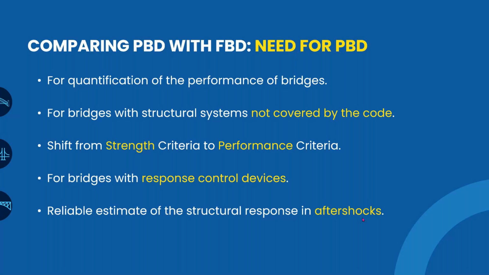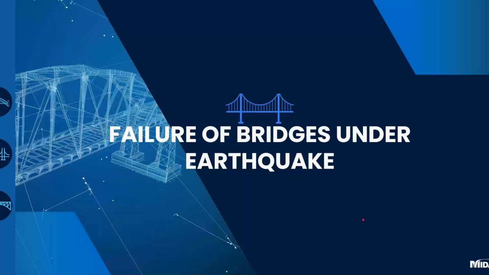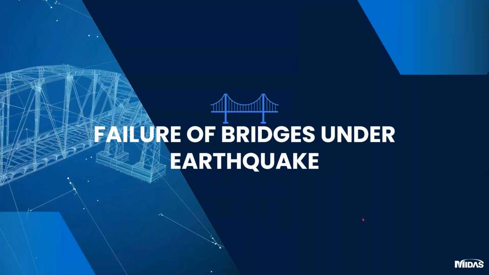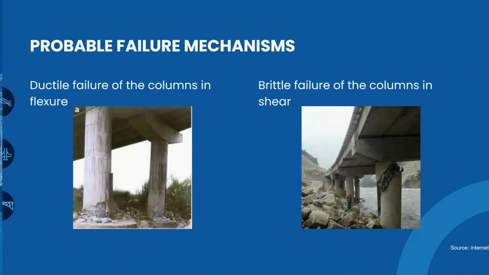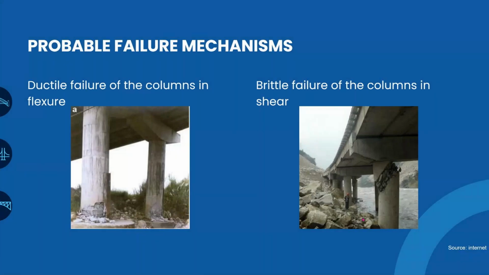So if this is clear, let us now move on to the failure of bridges under earthquake. It is very important for an engineer to understand what the failure of the bridge looks like, so that we could develop certain restrictive or conservative measures to restrict the failure of that particular bridge under the seismic event.